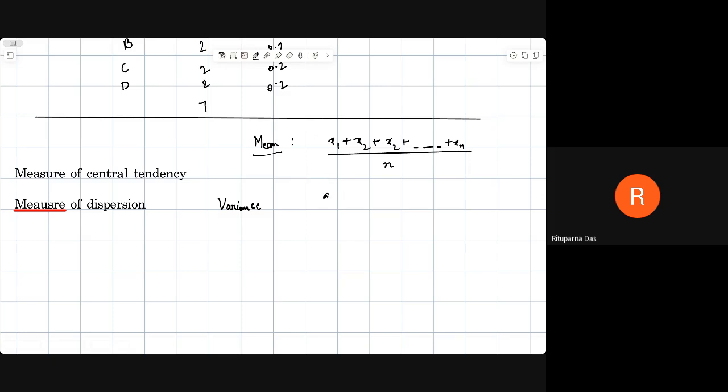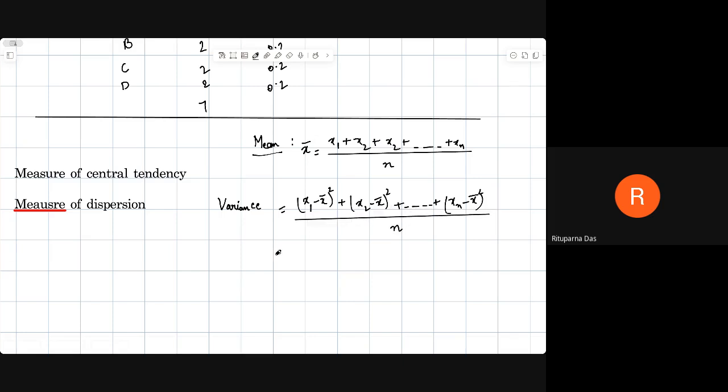Say the mean is x bar, then variance will be x1 minus x bar whole square plus x2 minus x bar whole square, up to xn minus x bar whole square, divided by n.